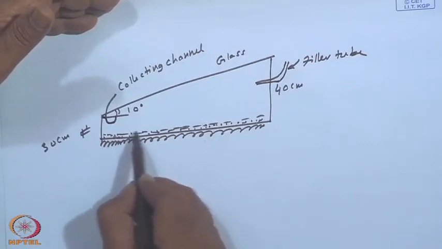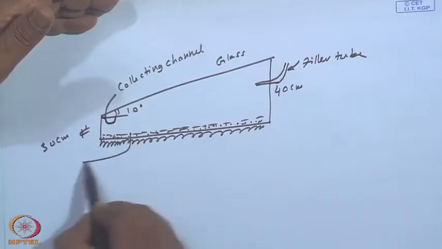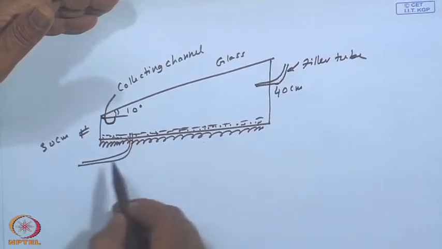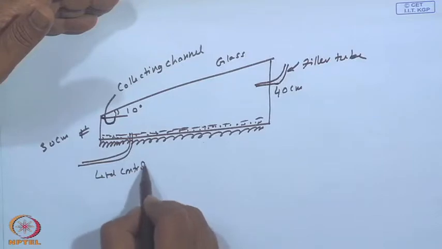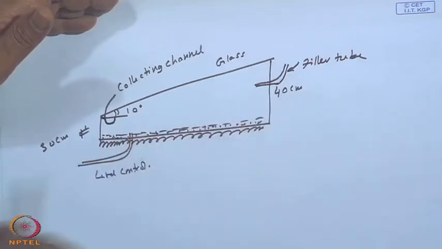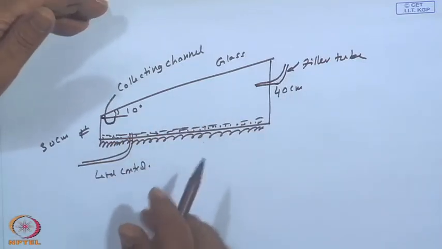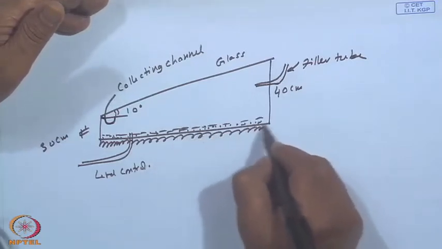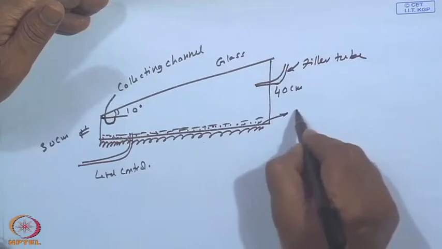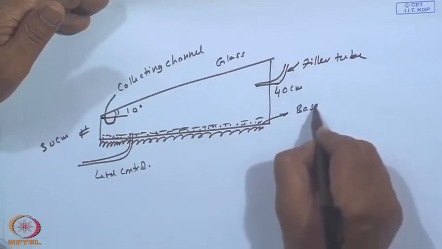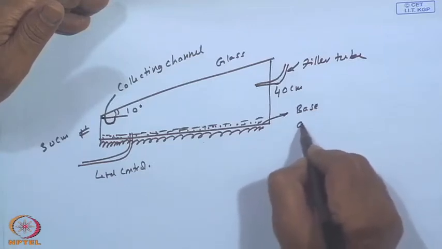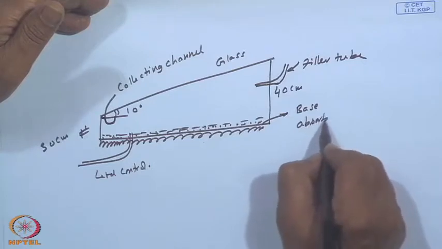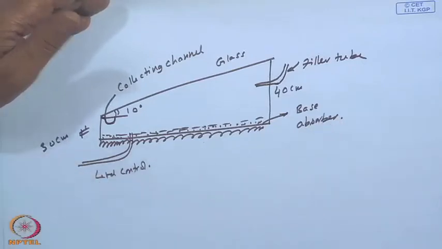If you want to have a control for the level, you can have a drain level control. So, if you put in more water, it gets out beyond that thickness, and this is a base absorber.